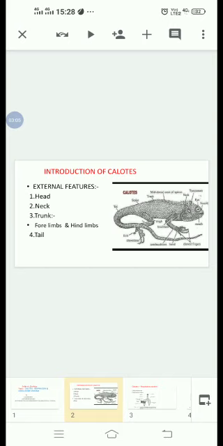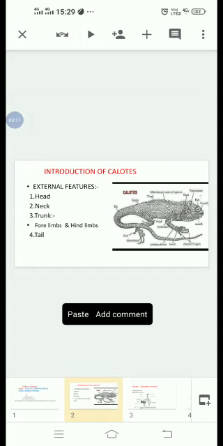There are two eyes located behind the nostrils. Each eye is shielded by movable eyelids and a nictitating membrane. A tympanic membrane is situated behind each eye.